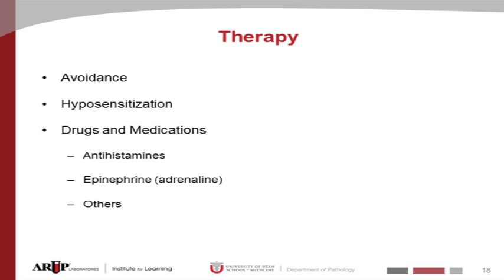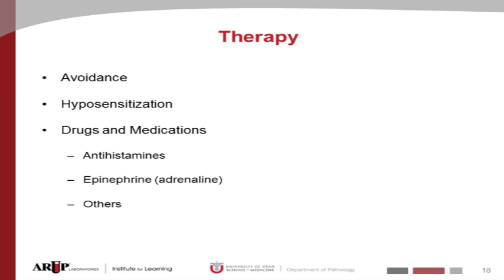In this case, there is a therapy that's called hyposensitization. What you do is you give the patient a series of shots or injections with tiny amounts of the allergen, the antigen. You give increasing doses to the patient, and they build a sort of tolerance towards the allergen.